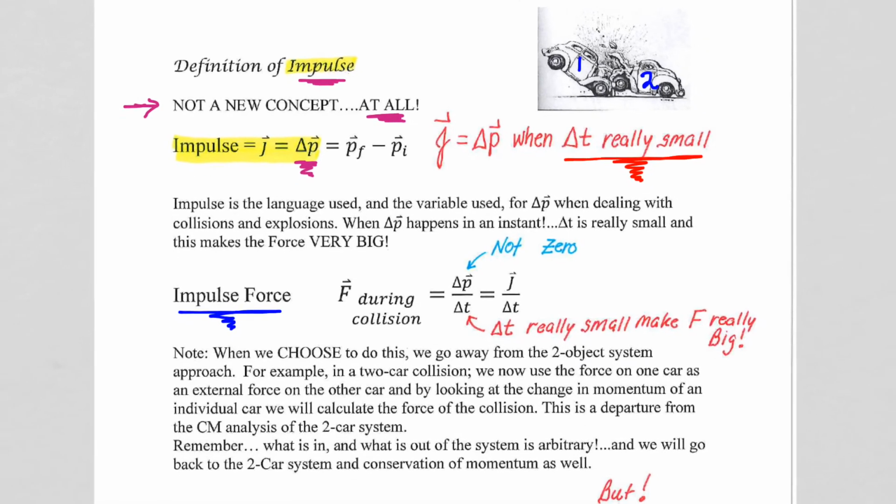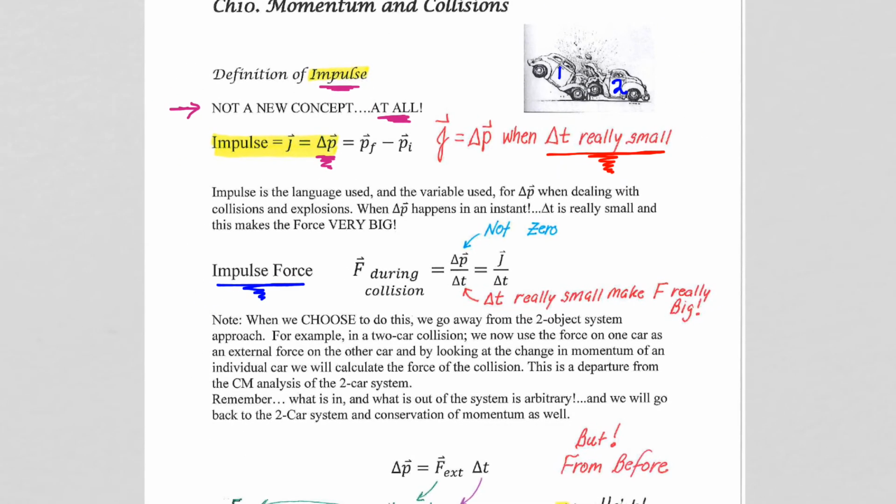And this is one aspect of what we're doing that I would like you to highlight or underline. When we are looking at the force that the cars exert on each other, we are now looking at the force on one car as an external force on the other car, and by looking at the change in momentum of an individual car, we'll calculate the force of the collision.